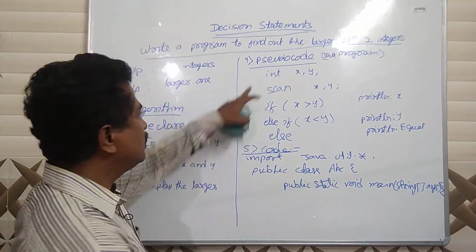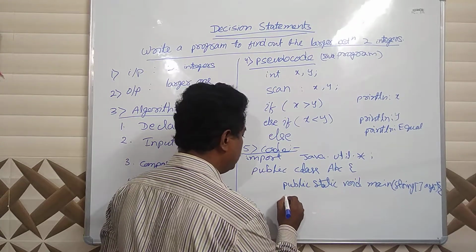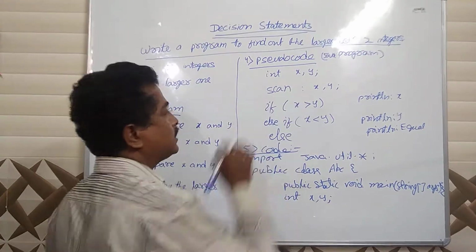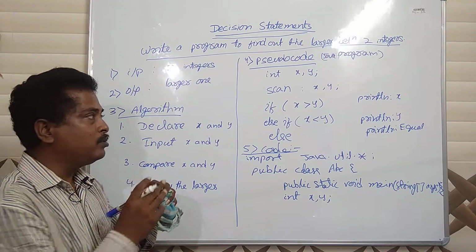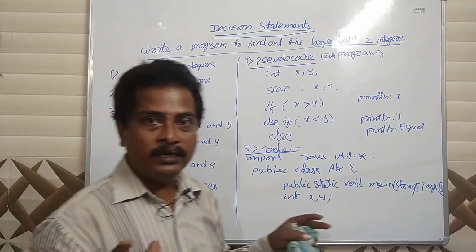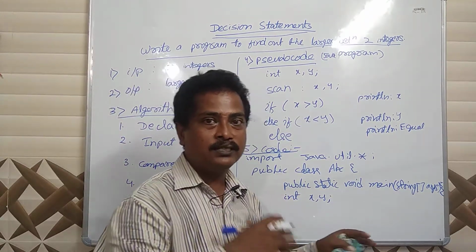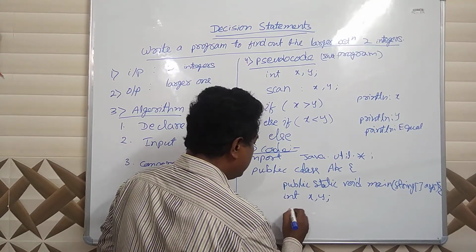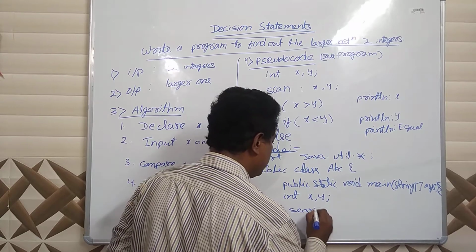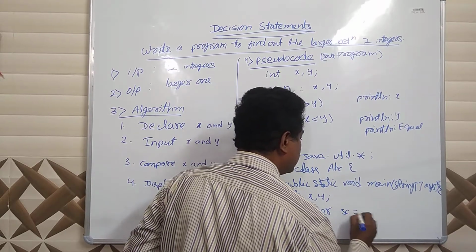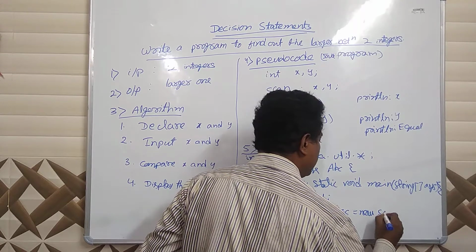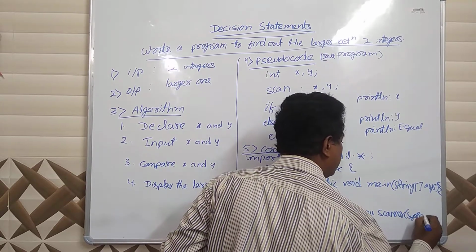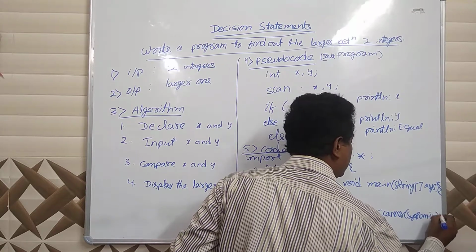Now inside the program, int x, y, it is the declaration, it will not change. Now scan input, our format is different in different languages. In C it is scanf, in C++ it is cin, in Java it is the Scanner class. So you can write Scanner sc = new Scanner(System.in).